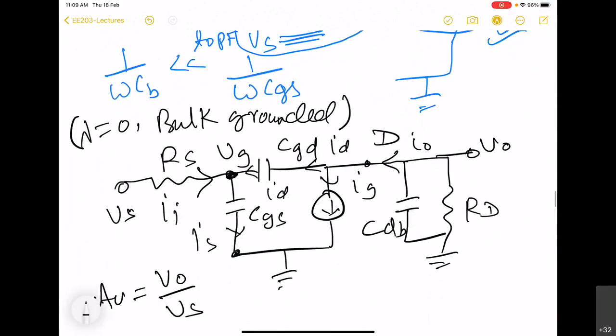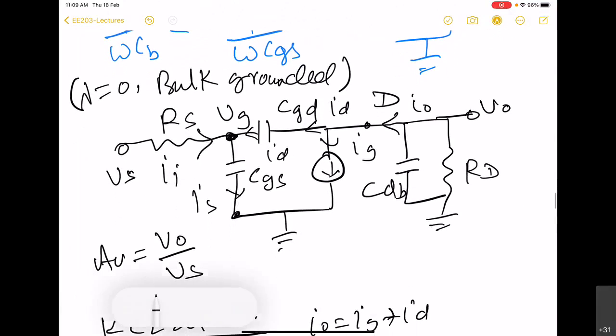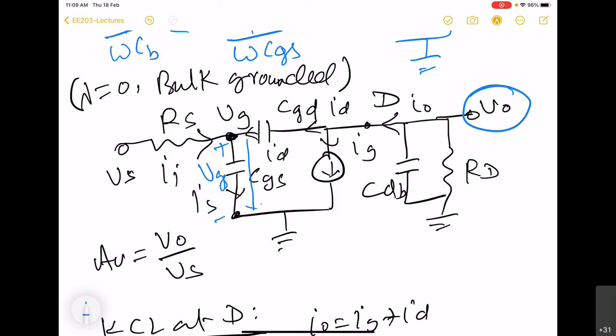here. So this is the small signal model of the circuit that I showed just now, and I claim that there will always be decay in the voltage gain as the frequency increases. So keep in mind that the most important factor in deciding this voltage gain is this voltage VGS, the voltage across this capacitor, right? And this voltage is going to be decided by, of course, the current and the impedance offered by this.